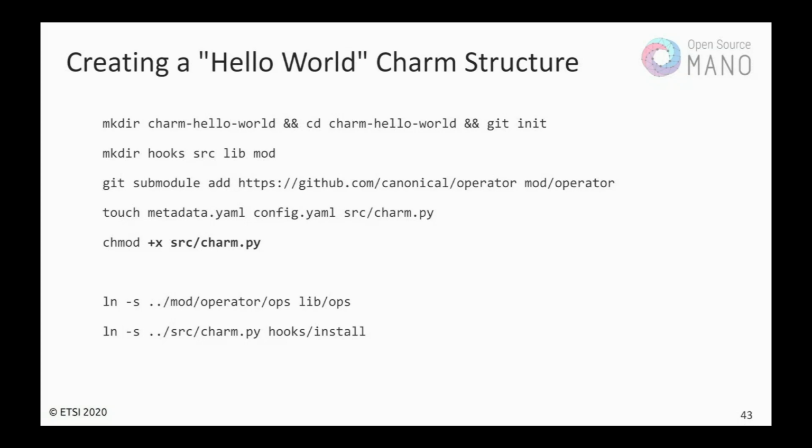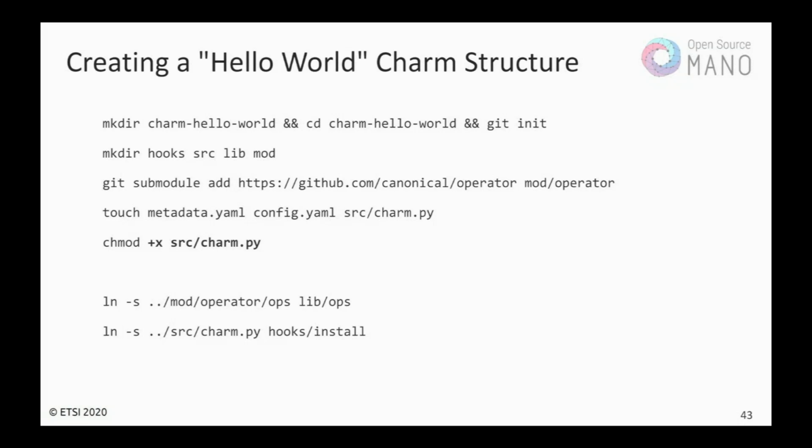So you need to have a couple of directories created where your source and your modules will reside. The framework itself can be added as a submodule to a Git repository, and your charm code will reside in the source charm.py.